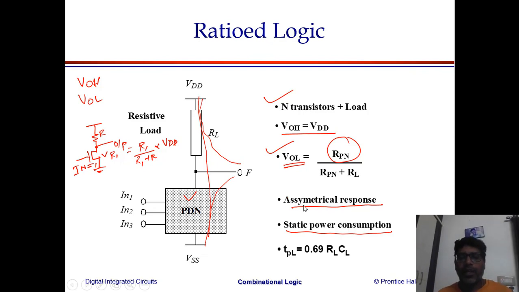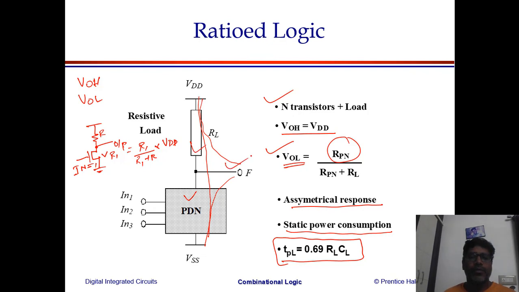Static power consumption. And the third point is the propagation delay is 0.69 RLC. What is this? This is nothing but the propagation delay of a simple RC network. So this is my resistance and this is my capacitance. That's the propagation delay of this.